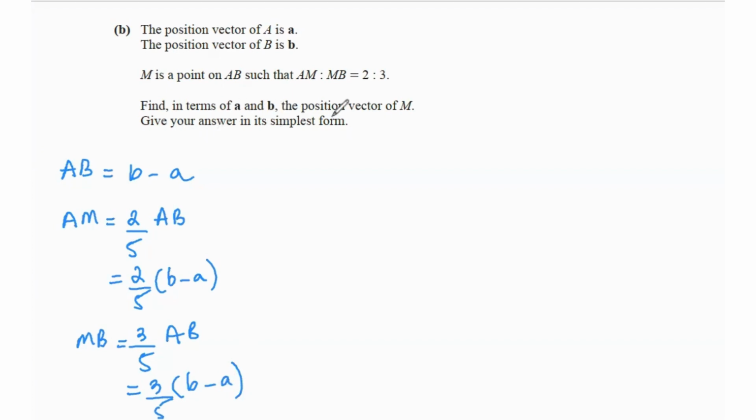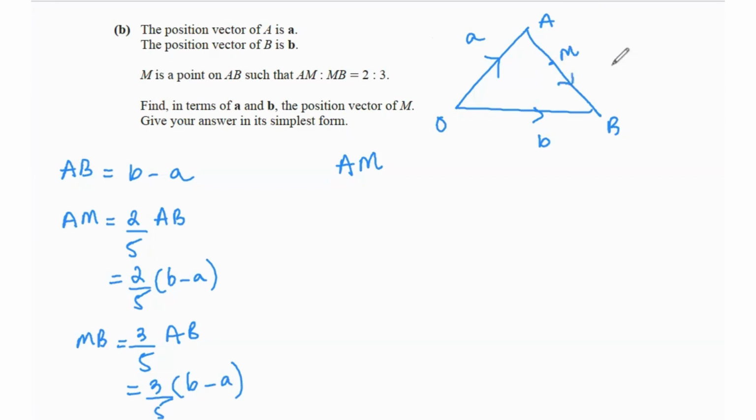It says find in terms of a and b the position vector of M. So the position vector of M can be found using either AM or MB. If I use AM, let's say this is our diagram. Okay, this is O, this is A, this is B. OA was a, OB was b. And M is on AB, where AM to MB is 2:3. So let's say this is M. We need to find this OM.